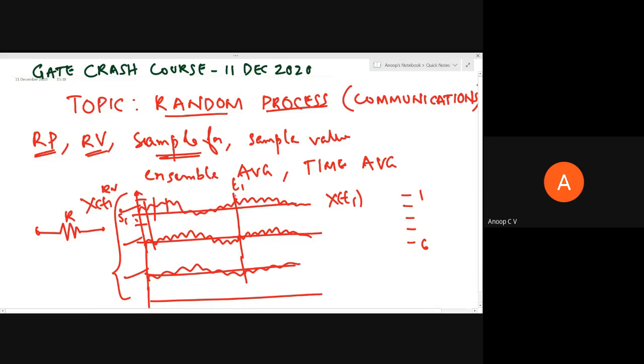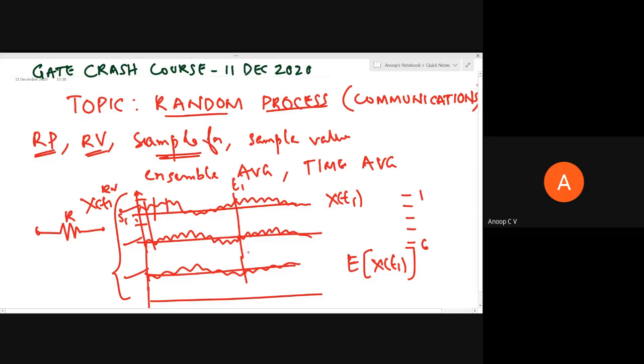And if you take the average, for instance, the expectation of x of t1, this is an ensemble average. It is nothing but the average of all these points at a given time instance for all different sample functions. That is the ensemble average.